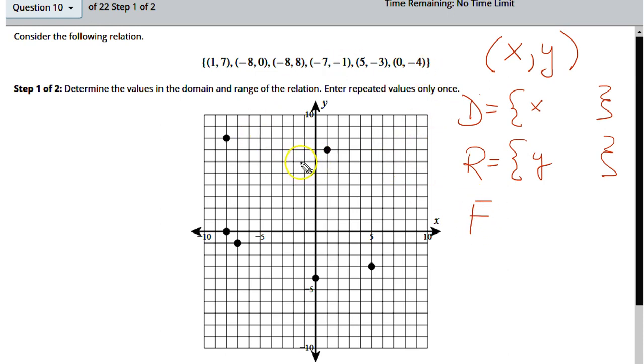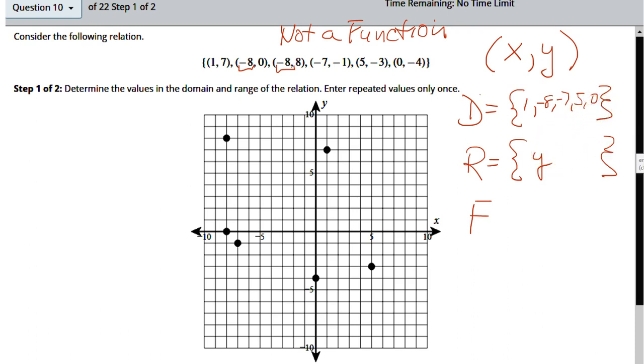So they're going to ask us all about this. What we're going to do is list over here the 1, -8, -8. Since an x value is listed twice, this is not going to be a function. In your domain listing, I can list that here: a 1, a -8, a -7, a 5, and a 0.